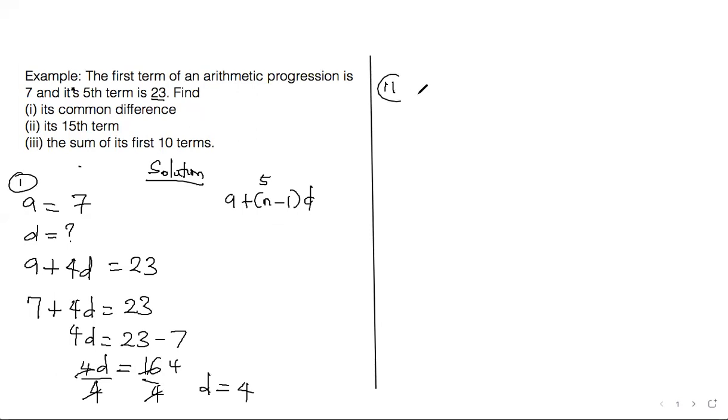Then the second part says find the 15th term. I know D as 4 and I know A as 7, and I want to find the 15th term, so n is 15.